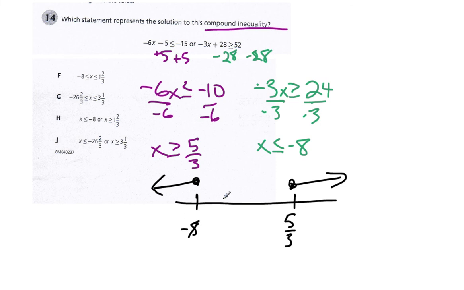This would mean that it's the opposite. It would mean it would be everything in between those two, but that's not what we're doing. So that's not it. So we look at our answers. X is less than negative 8 and x is greater than 1 2/3, which is the same as 5/3. So our answer is going to be H. That's it.